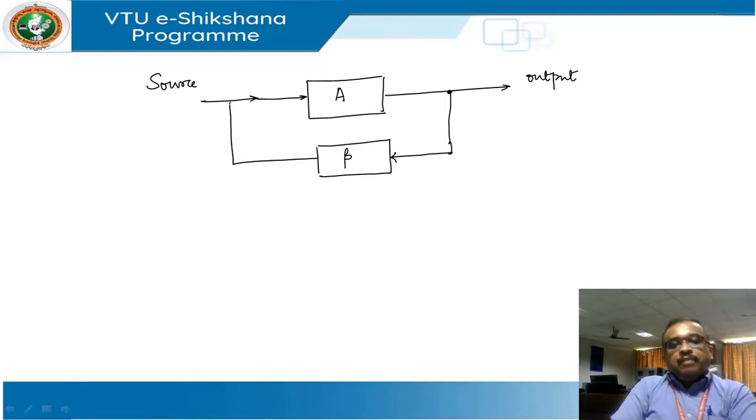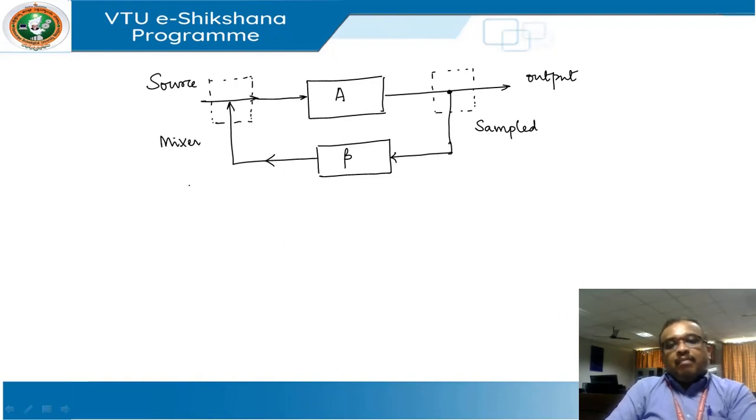From the basic definition, a part of the output is taken out from this point, or I can use the word sampled. A part of the output is sampled and fed back to the input side, where it gets mixed. So we can call this a mixer.